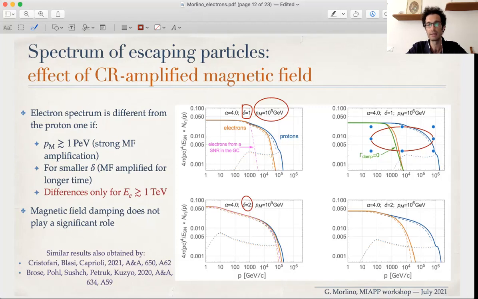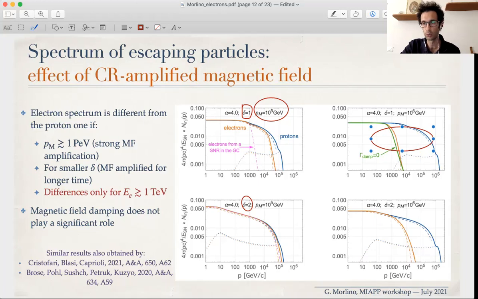If delta is smaller, of the order of 1 or even smaller, the electron spectrum is more different because the magnetic field is amplified for a longer time. While you see on the bottom left panel, if you assume delta equal to 2 and Pmax equal to 100 TeV, the spectra of electrons and protons are essentially equal.